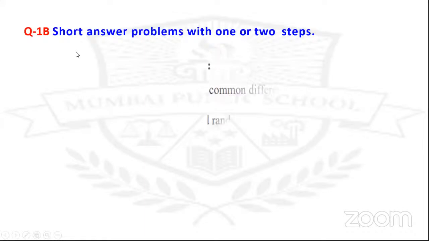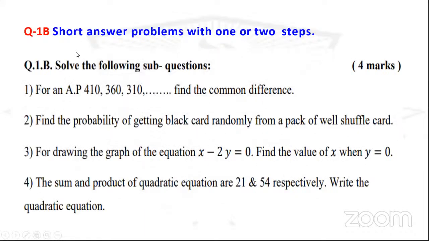The examiner will not expect that you have to solve all these things. Now check. Here again, you have got 4 simple questions. These questions carry 4 marks. No options are there for this. So let's move ahead with the solution.